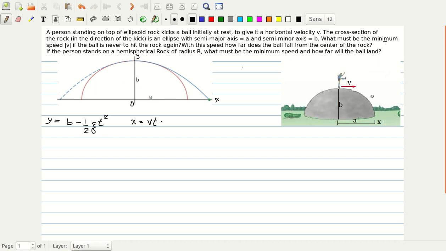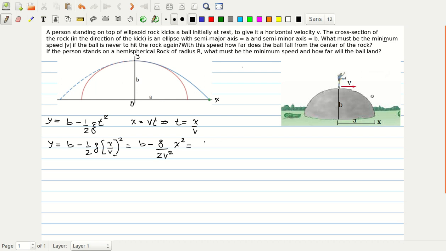Now from this equation we get t equal to x over v, and I substitute this x over v in the vertical equation, so you get y equal to b minus half g times (x by v) square, which is b minus g by 2v square times x square.